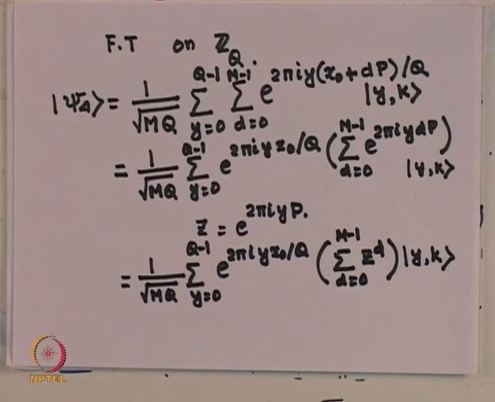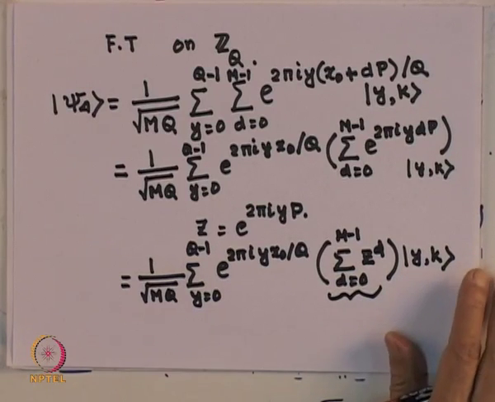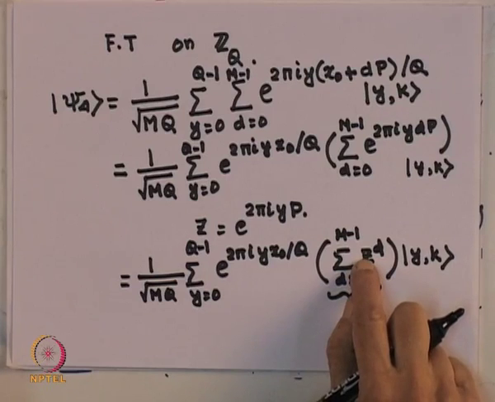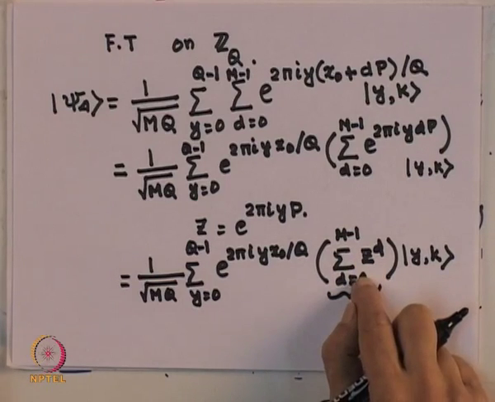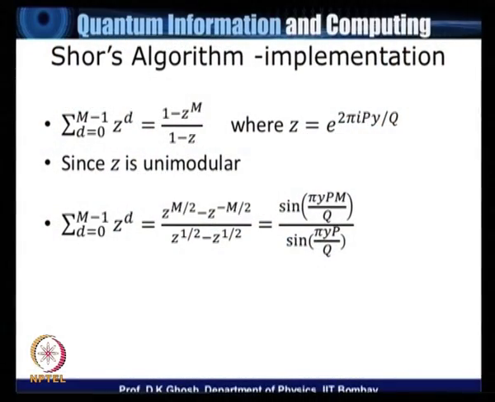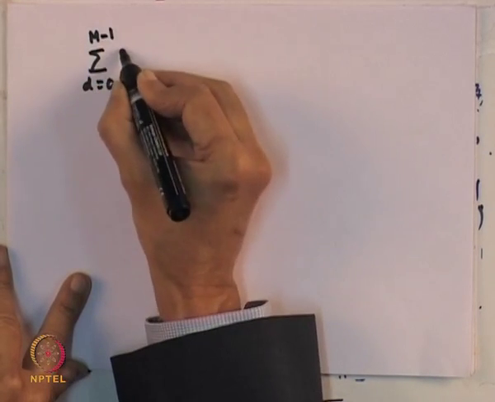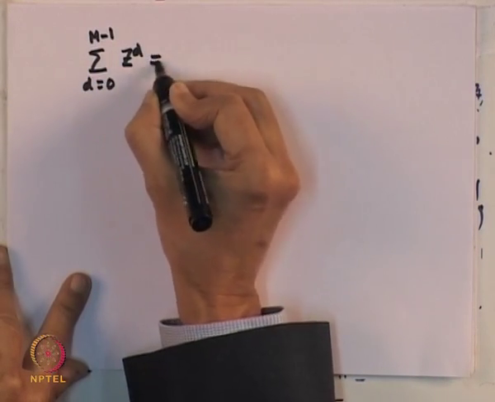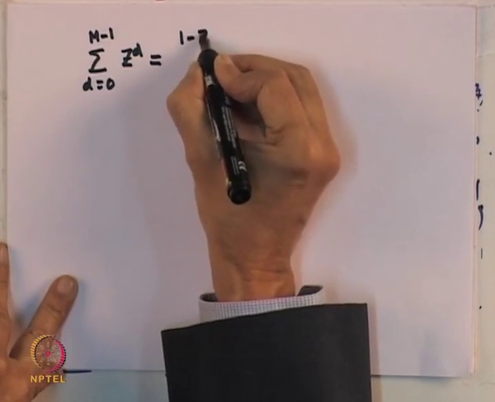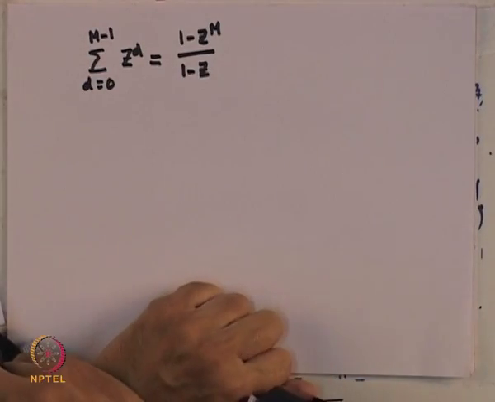Now let us look at what this term z to the power d is. Notice, of course, this is a geometric series with common ratio equal to z, so I can easily do this sum. So let us write down the sum d equal to 0 to m minus 1 of z to the power d, and that is equal to 1 minus z to the power m divided by 1 minus z, by the standard formula which you have learned from school.